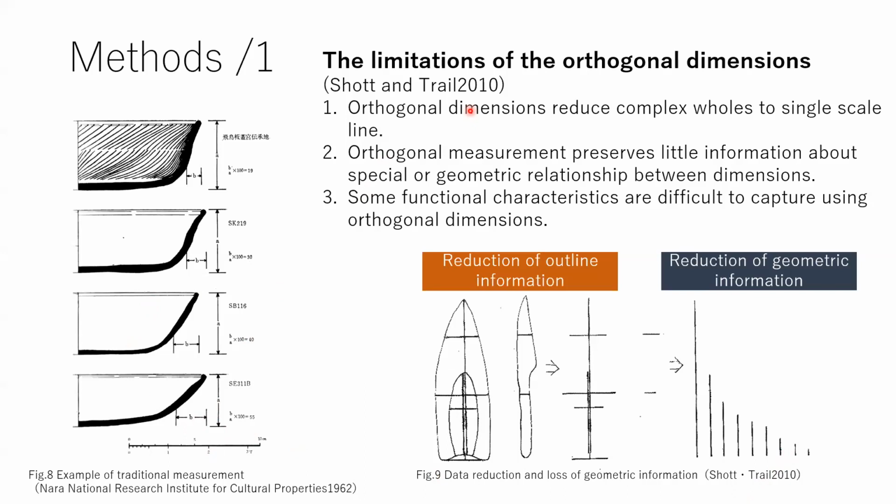In short, orthogonal dimensions cannot preserve whole information of outlines and the geometric relationships between each dimension. In the case of the stone tool in figure 9, orthogonal dimensions reduce outline information, and also geometric information is lost because each dimension is treated as isolated.